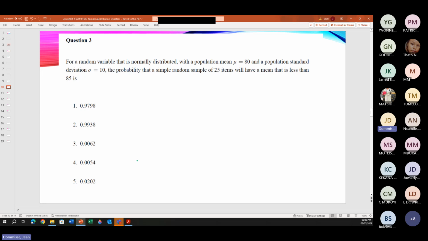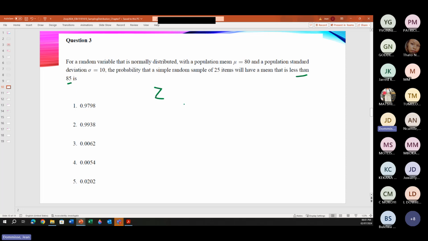In the other one they showed you x bigger than a certain number. Now they're using a few words. So from a random variable that is normally distributed with a population mean equal to 80 and a population standard deviation, what is the probability that a simple random sample of 25 items will have a mean that is less than 85?